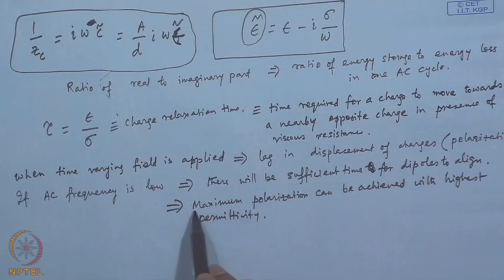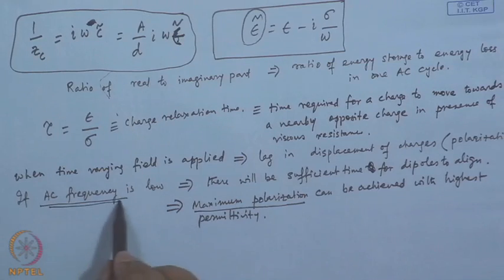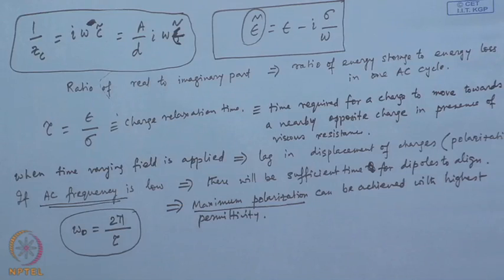Now, if this corresponding AC frequency is referred to as omega naught, say, then this omega naught would be related to this time scale as omega naught is equal to 2 pi by tau, where tau is epsilon by sigma.